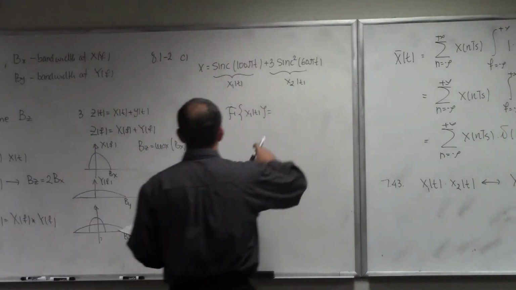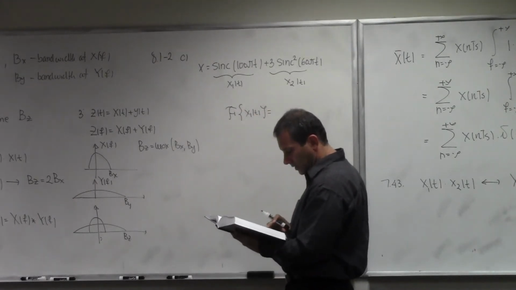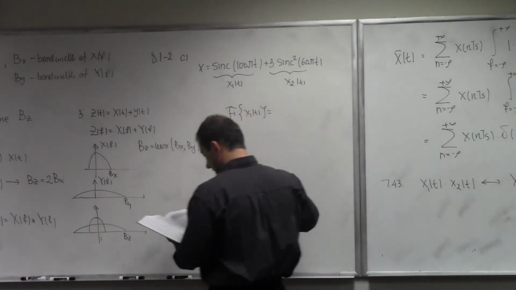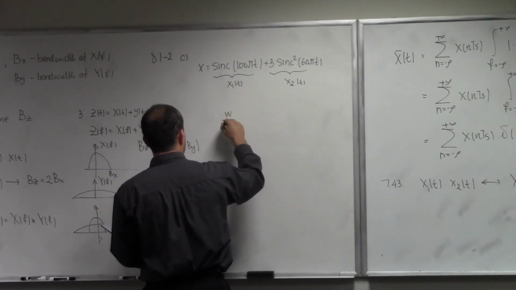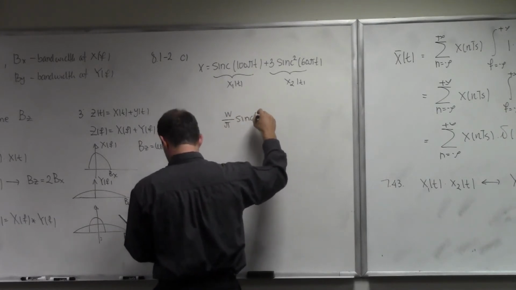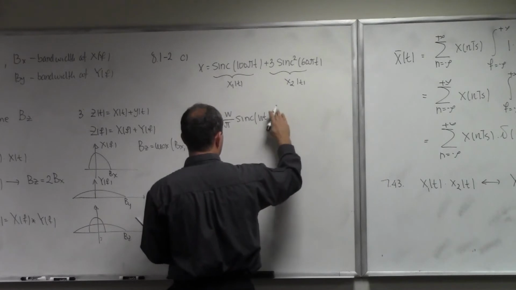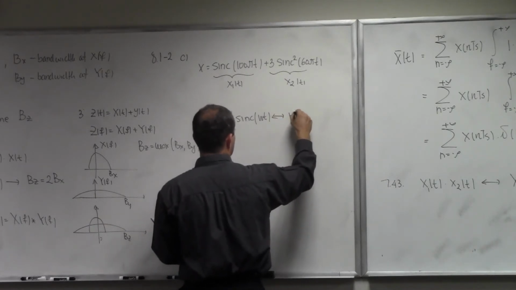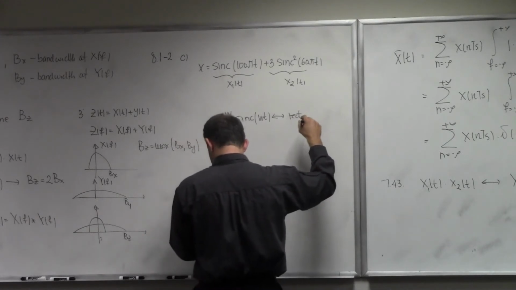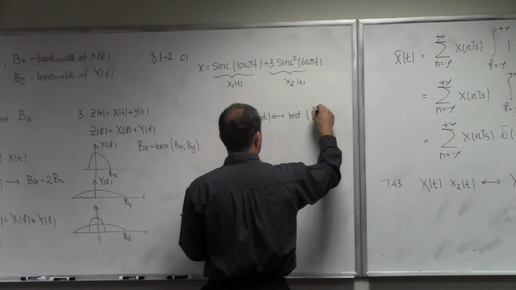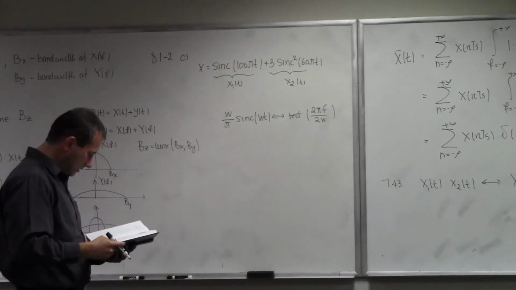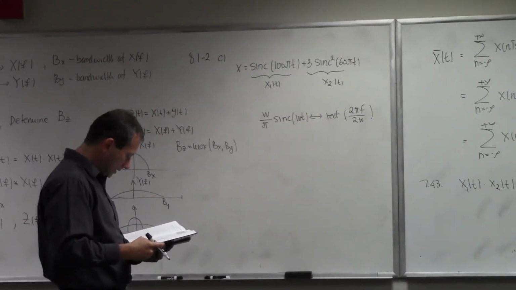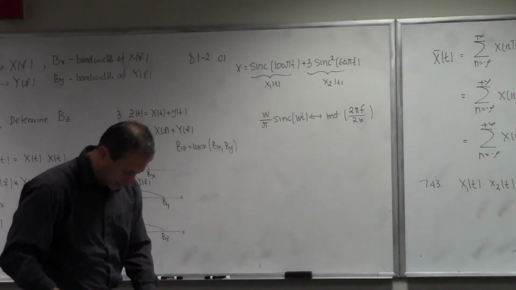Okay. So if I have a sinc, entry number 18 tells me the result that W over pi sinc of Wt has a Fourier transform rectangular of 2 pi f over 2W.